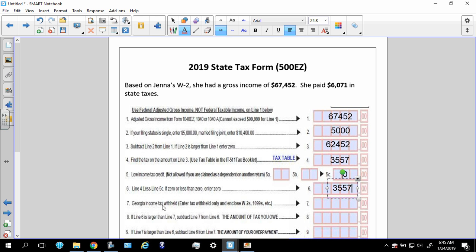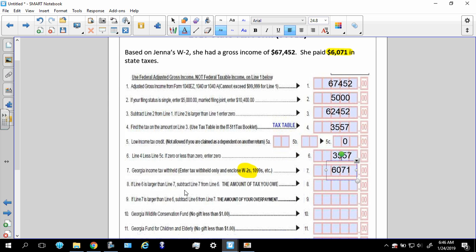Now the Georgia income tax withheld, how much was taken from her? It says on her W-2, but I didn't give you the W-2. I just said she paid $6,000. She paid a lot. She paid $6,071. So the question is, our two conclusions. If line 6 is larger than line 7, is 6 larger than 7? 6 is 3,000, 7 is 6,000.